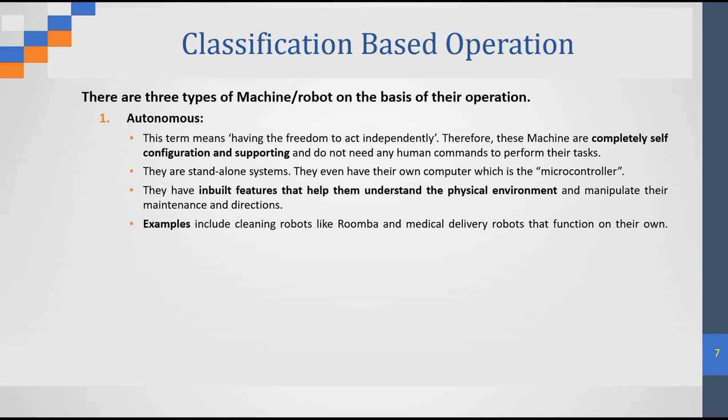Here we have some descriptions for these devices. Based on the operation, we can consider it autonomous, semi-autonomous, or manual. So how can we say whether it is autonomous or not? Based on its operation.